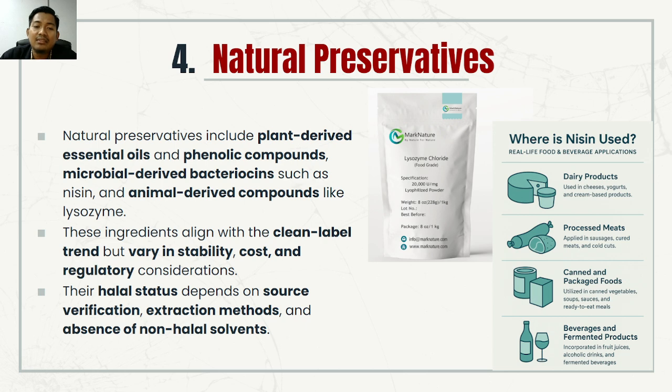Their halal status depends on source verification, extraction method, and also absence of non-halal solvent. This is an example of lysozyme chloride. It is a powder, like salt. We know nisin is used in dairy products such as cheese, yogurt, processed meat, canned or packaged food, and also beverage and fermented product. So currently the trend for natural preservative keeps increasing due to the natural source basically.